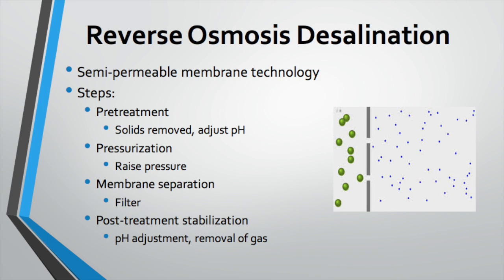The stream then enters the complex membrane system where the semi-permeable membranes block the undesirable solutes containing dissolved salts and contaminated particles from passing through. The membranes are utilized in a variety of configurations, and the stream exits the membrane system as a pure freshwater stream. It enters the post-treatment step, receiving a pH adjustment and removal of remaining gas before exiting the system as purified water.